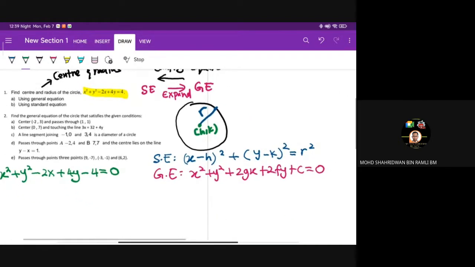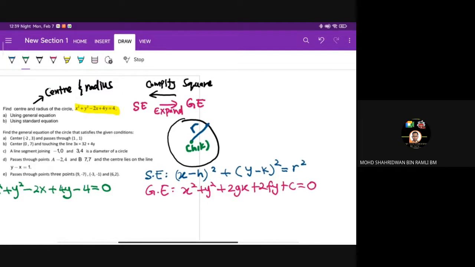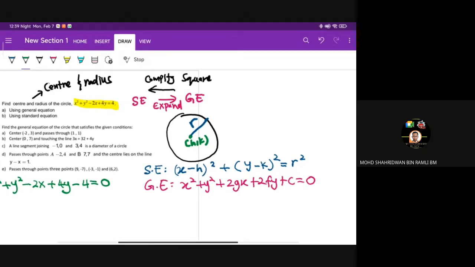Before we begin to solve this question, you need to know how to relate between standard and general equation. Previously I already mentioned that from standard equation into general equation, you need to expand, and from general equation to standard equation, you need to do completing square. It's very easy, right? Next, you also need to know how to identify your center and radius from a general equation.